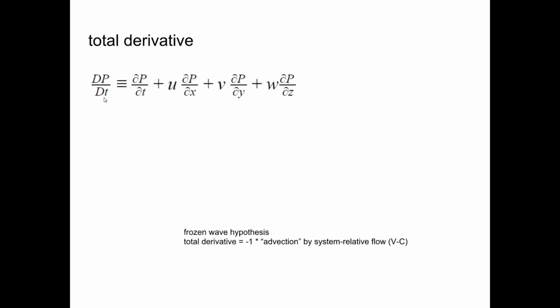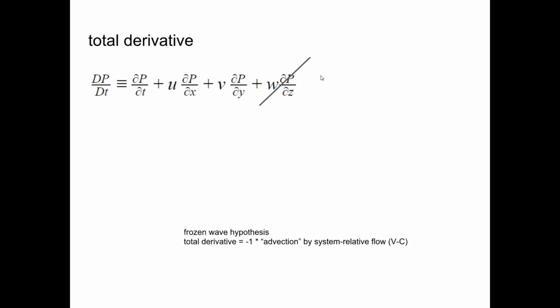Okay, so let's say we're looking at the total derivative of pressure. And these are the terms. So the local pressure derivative, dp/dt, and then we have horizontal advection terms, u dp/dx, v dp/dy, and vertical advection, w dp/dz.